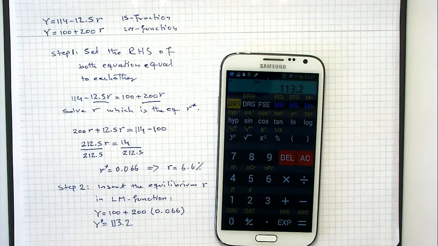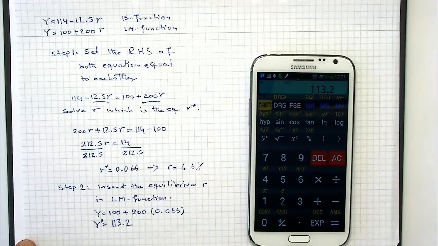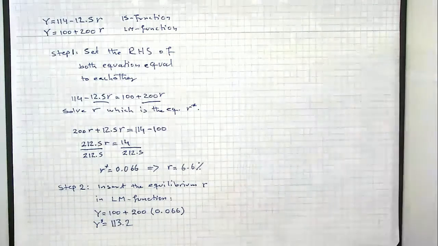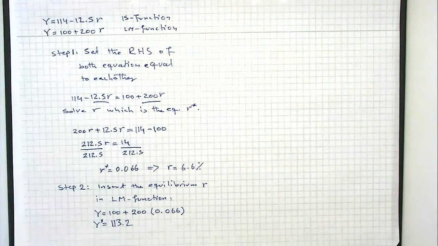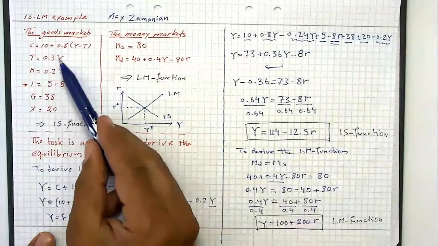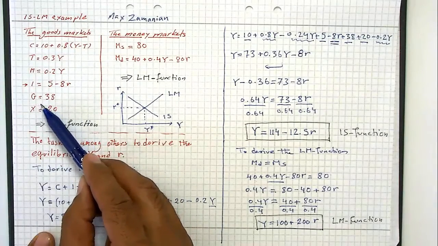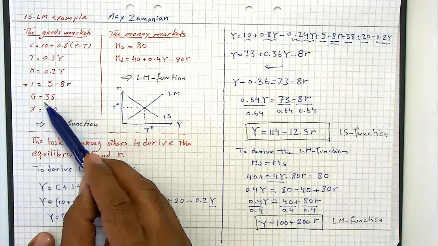That's actually the end of the story. You might be asked to use these numbers, equilibrium output and equilibrium interest rate, to calculate some numbers. For example, to calculate tax and compare tax with government expenditure. Then you can have a budget deficit.